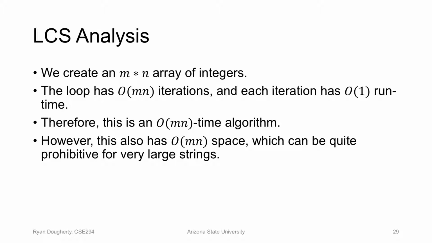But this is O of mn space. Why is that again? Because you're storing the same amount of A and B in the table. Right, so in this table, I'm maintaining m times n entries, basically just integers.